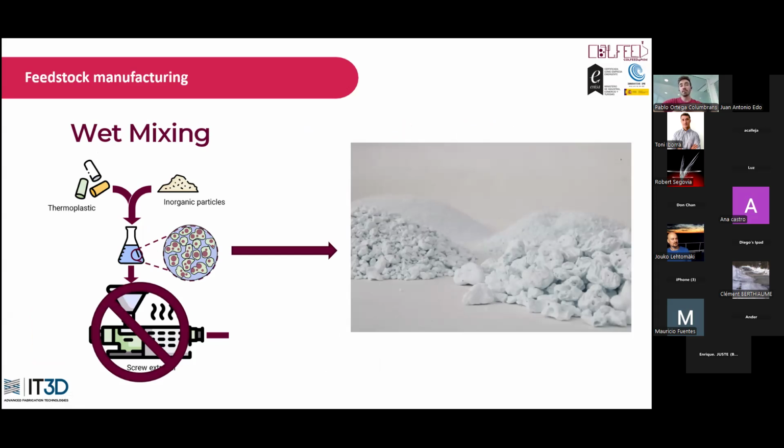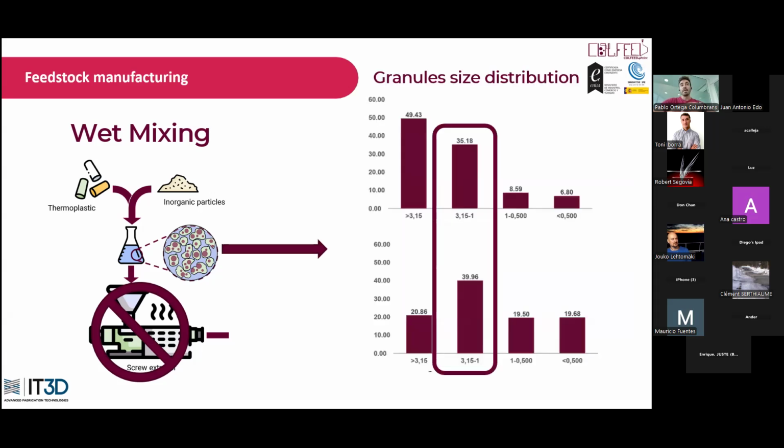This is also particular because we are able to customize the particle size of our granules, trying to increase the fluency and the fill ratio of our material during the printing process, obtaining, as you can see in this slide, different millimeter fractions. In our catalog they are between 1 and 3.50 millimeters, because we have tests showing they are the most suitable to facilitate this fluency and fill ratio that I was talking about before.